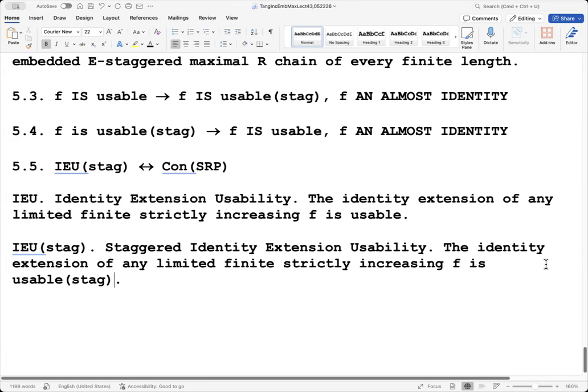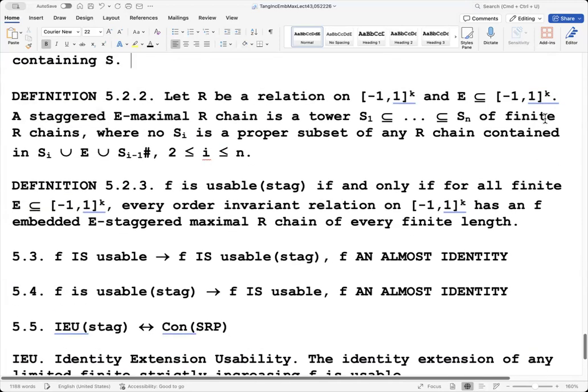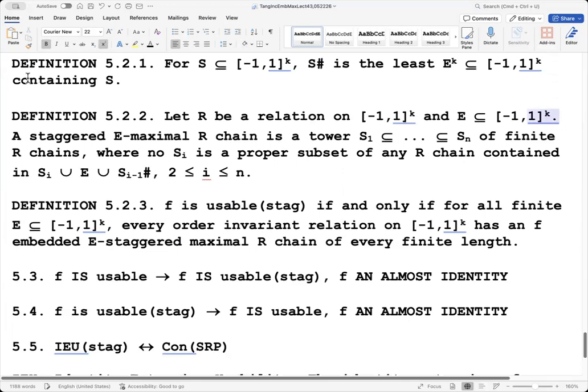I think that's the way I'm going to leave it, except that I will put in the computer science version, which is very similar to trying to build that tower. I might change it to a towered E maximal R chain. Instead of staggered, I might use towered, because it's very important that these be under inclusion.